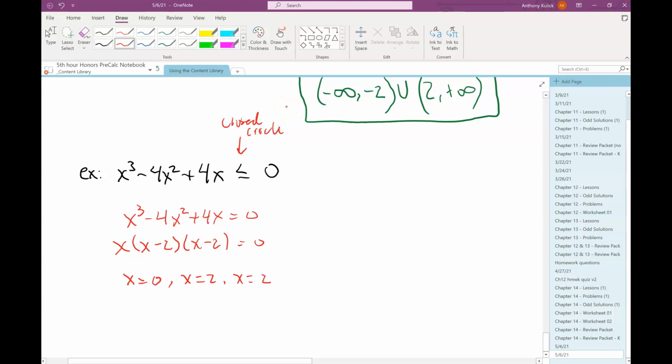This time, since our inequality is a less than or equal to inequality, when I draw my number line, I'm going to use a closed circle. That's what that was supposed to say. You see, that's not very legible.